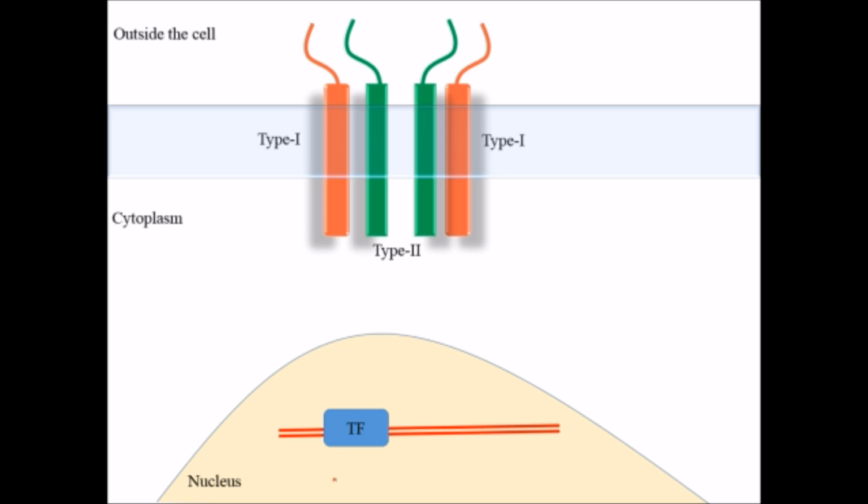First of all, TGF beta factors bind with their receptor, and as soon as they bind with the type 2 receptor, it will phosphorylate the type 1 receptor.